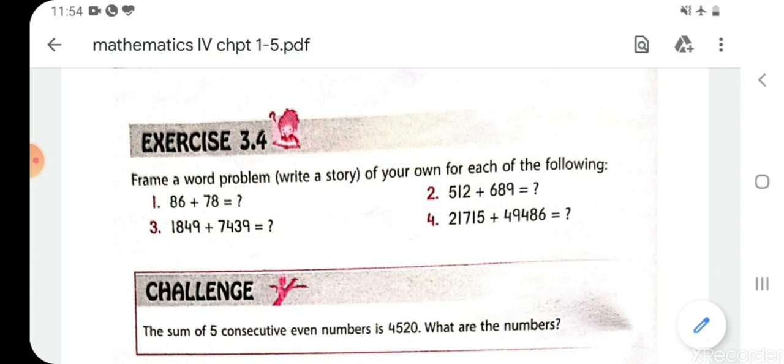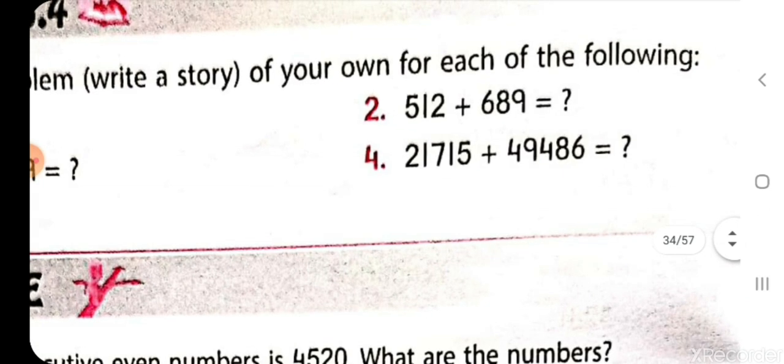Suppose in question number 4, here it is 21,715 and 49,486. You can't write that Rima has 21,715 chocolates and Seema has 49,486 chocolates. So keep it realistic, like you can write it like this.